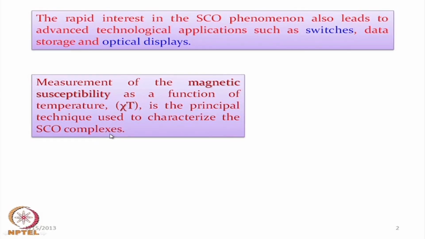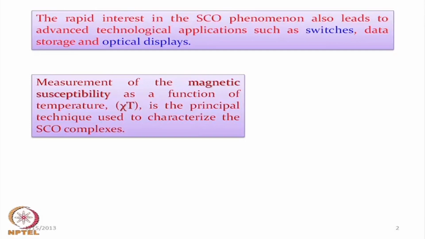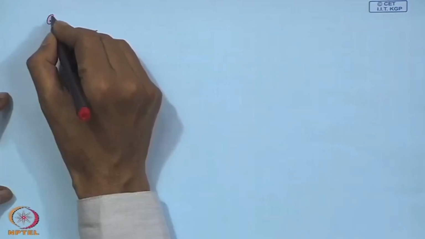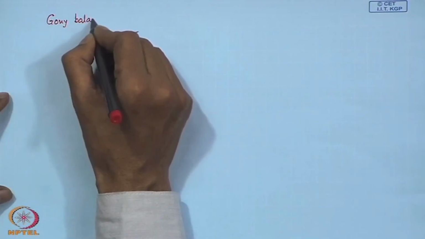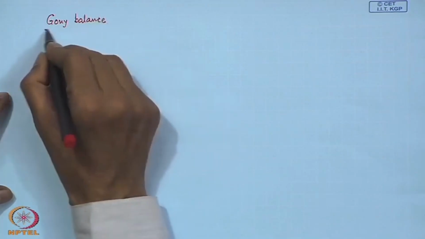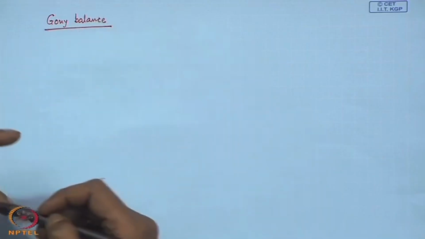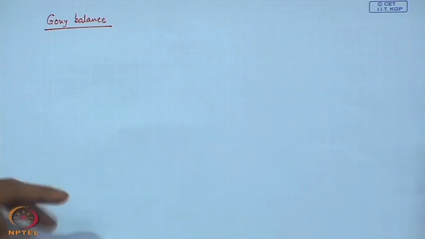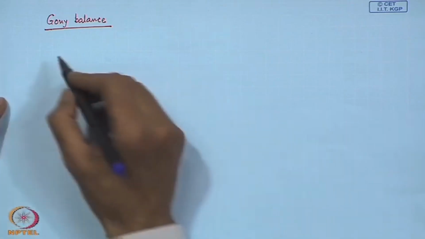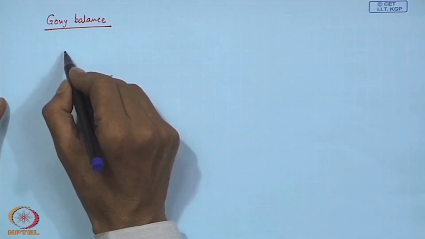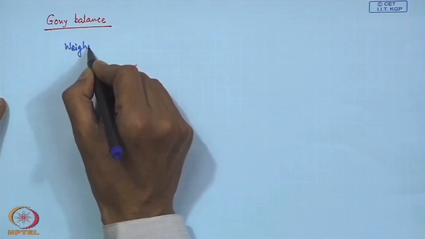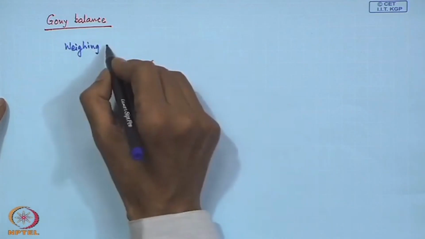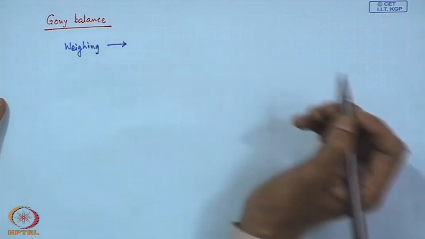So, the susceptibility we can determine using some Gouy balance. Homemade Gouy balances are there. That was the oldest technique where people could measure the corresponding magnetic moment values. It is nothing but the weighing of the sample, and there are several steps.